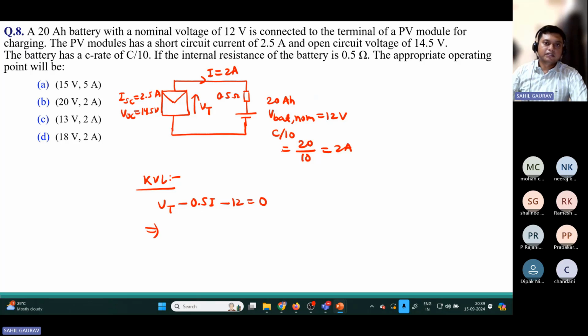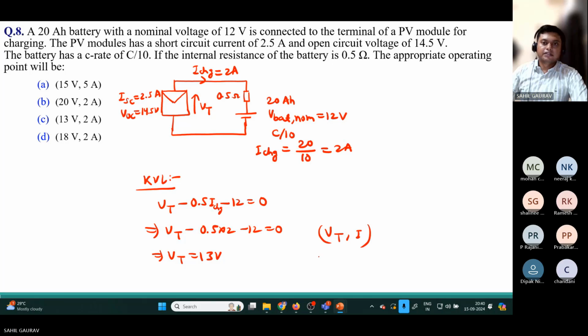Taking this charging current I_CHG, VT minus 0.5 into 2 minus 12 equal to 0, so VT will be 13 volt. So the operating point is VT comma I, where VT is 13 volt and current is 2 ampere. So the correct answer is C.